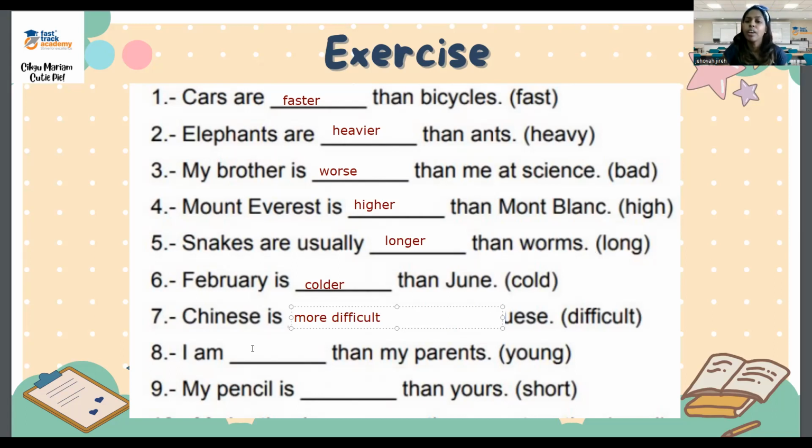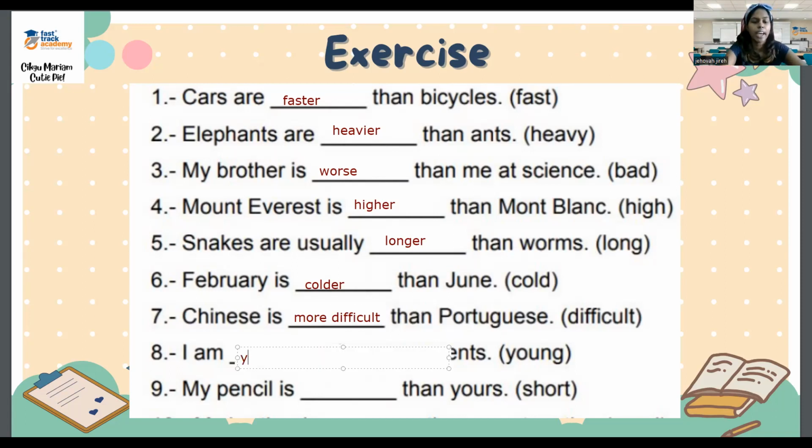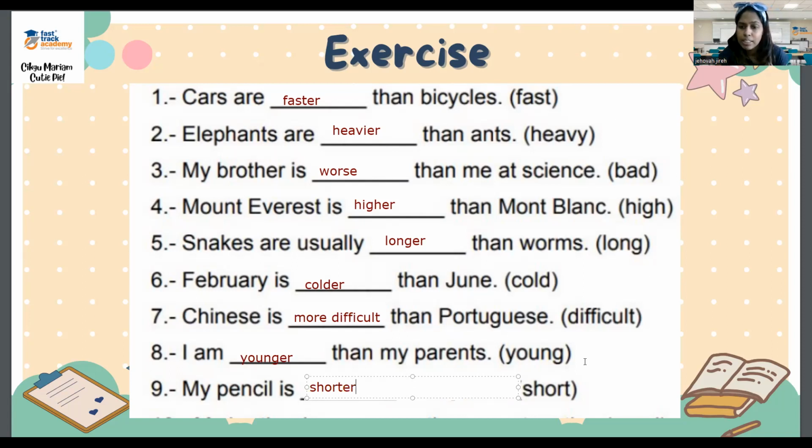I am more young or younger. Yes, you have to just add an ER and you say it as younger than my parents. My pencil, the last one. My pencil is shorter than yours.